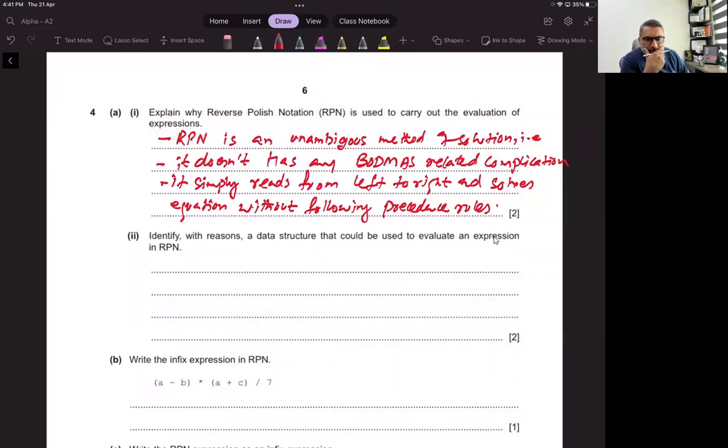Identify with reason a data structure that could be used to evaluate an expression in RPN.